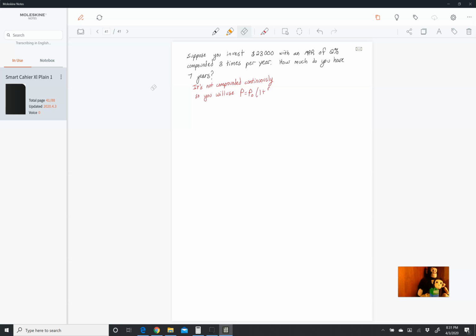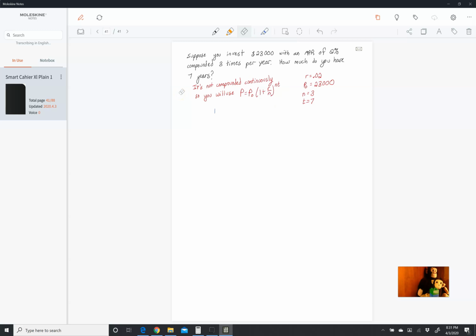P equals P0 times 1 plus r over n to the nt. Your r is 0.02. Remember, it's as a decimal. Your P0 is 23,000, because that's your original amount. Your N is 3. It's compounding 3 times per year. And your T is 7. So this is a plug and chug. You're just plugging it in here.